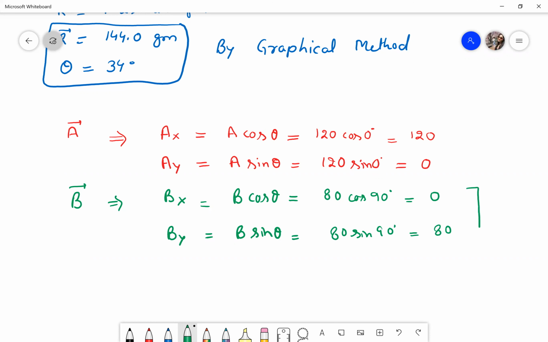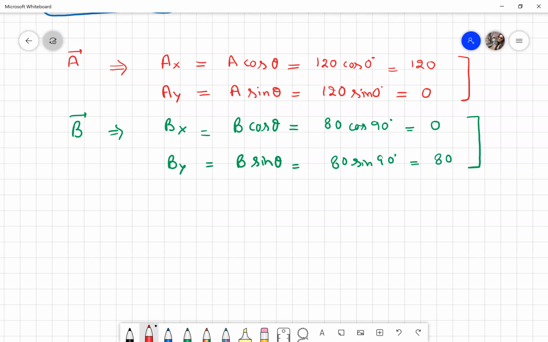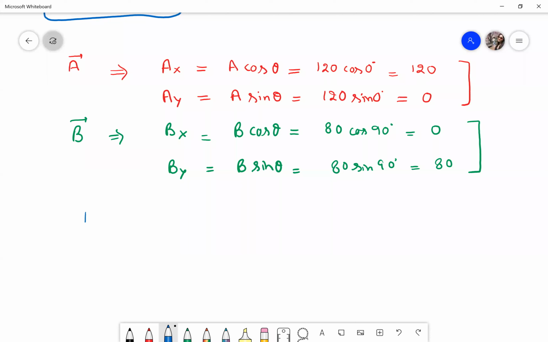These are the components of B, and these are the components of A. Now we will find the resultant vector. First we need to find R of x, which is A of x plus B of x, so 120 plus 0, that means 120.